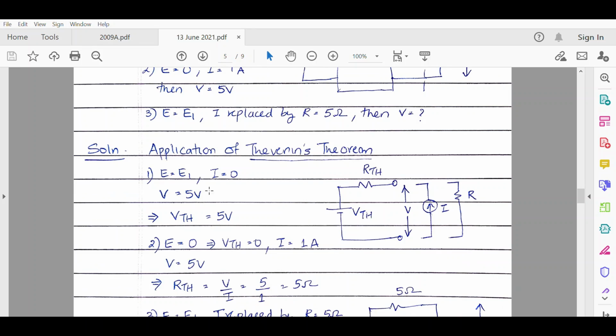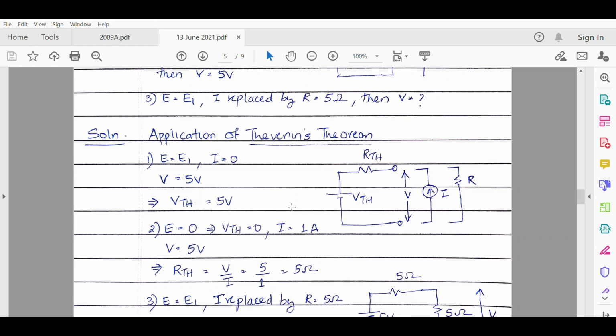The first case being E is equal to E1 and I is equal to 0, then V is equal to 5 volts. This is nothing but the open circuit condition since I is equal to 0. So with V equal to 5 volts, it means that the Thevenin voltage is also equal to 5 volts. If we study this circuit carefully, we will be able to come to this conclusion.